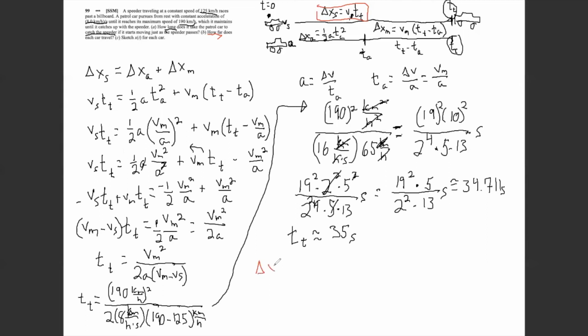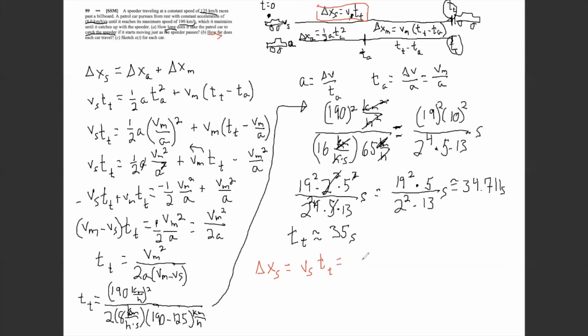So delta x s equals Vs times Tt, and we could actually just say Vs times this value, and do the whole process again if you want to be really precise.